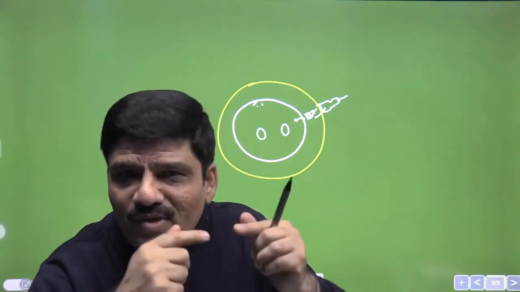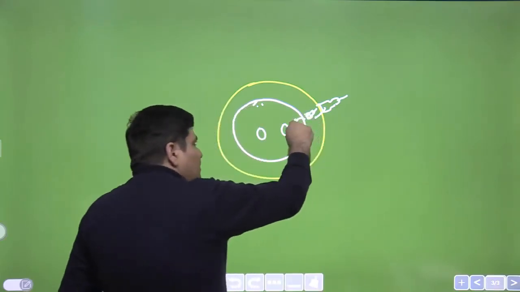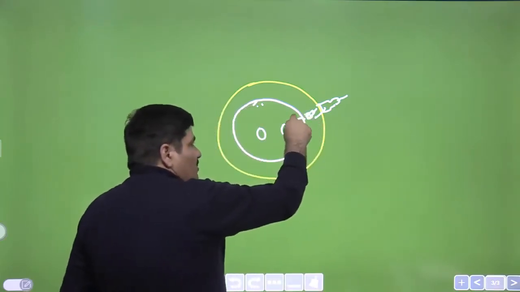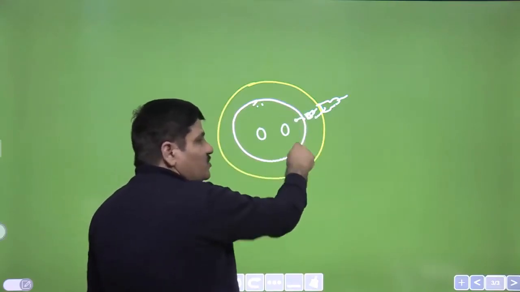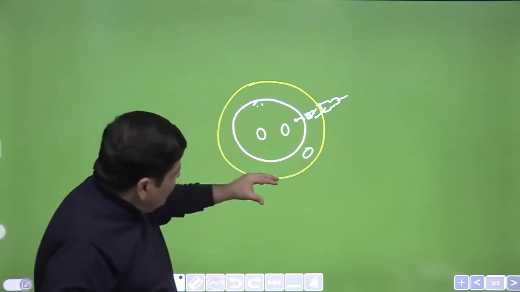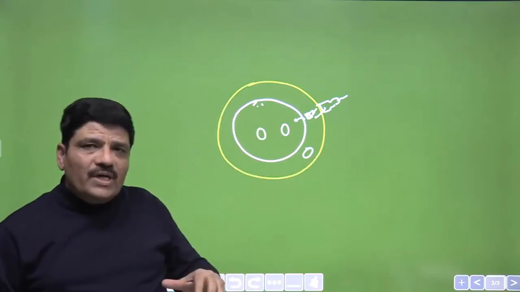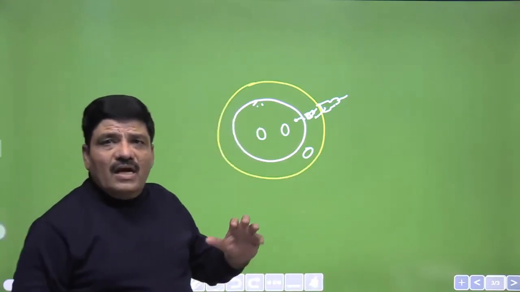So this is a point to reconsider again. As soon as the sperm enters the cytoplasm, the secondary oocyte, arrested at metaphase 2 of meiosis 2, completes meiosis 2, releases the second polar body somewhere here, and gets converted into an ootid. The differentiated form of the ootid is called an ovum.